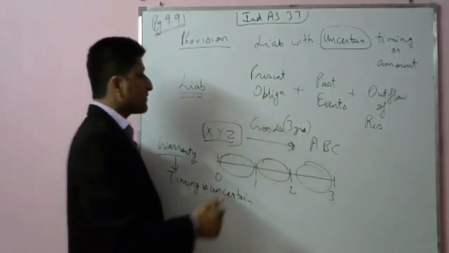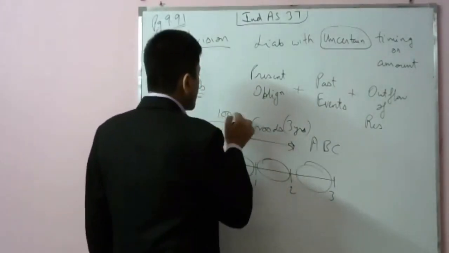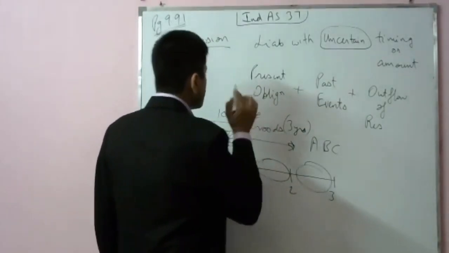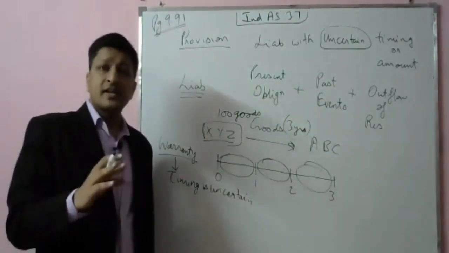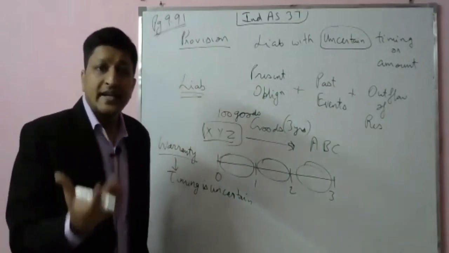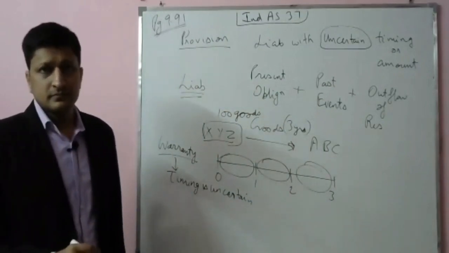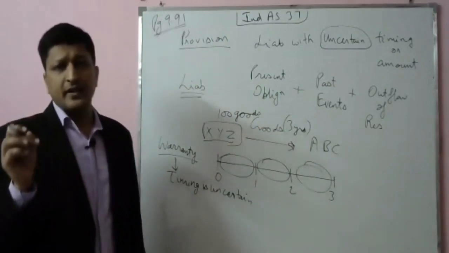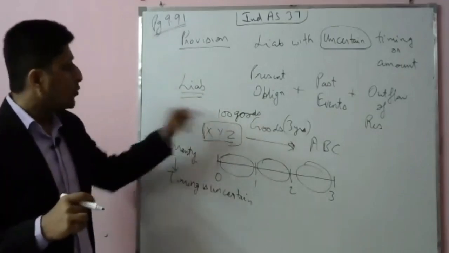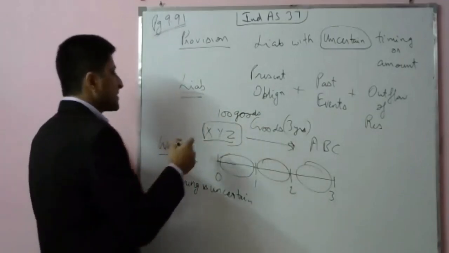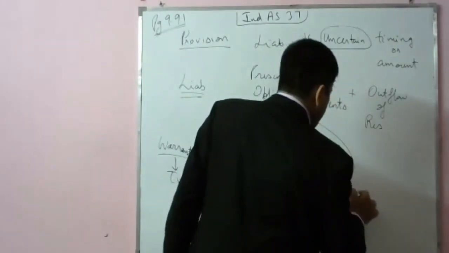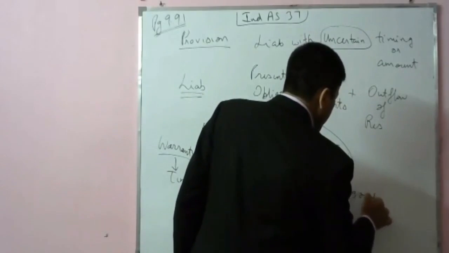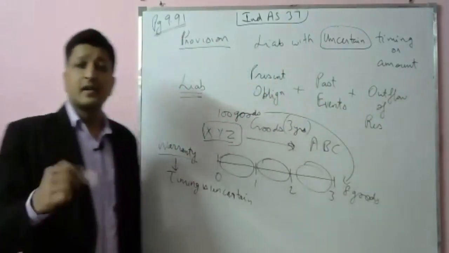Let's suppose XYZ has sold 100 goods. Now, out of 100 goods, XYZ can only take an estimate, which is only an approximate, that out of 100 goods, say 8 goods will go defective and will come for repairs.